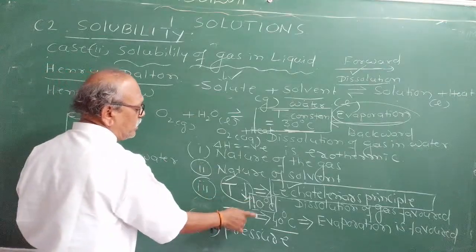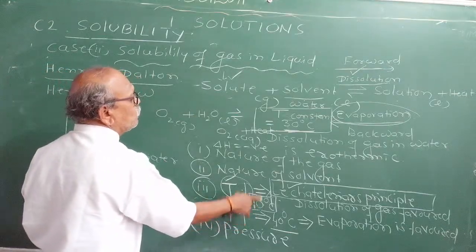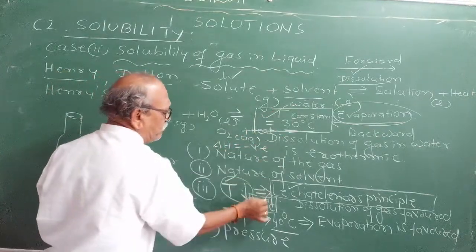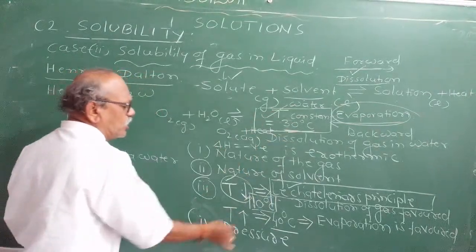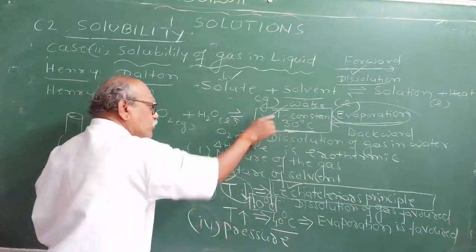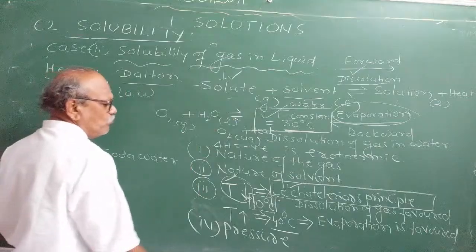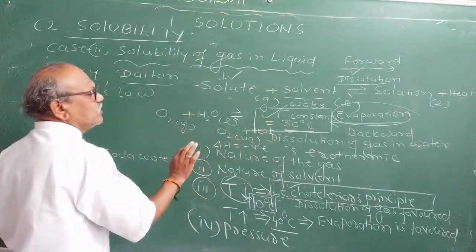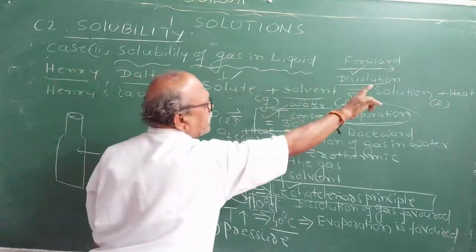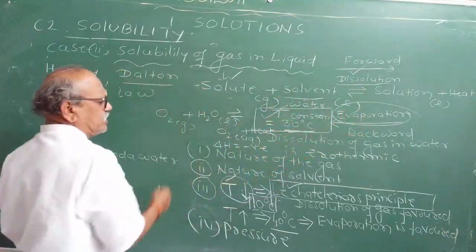what should happen? The temperature should be raised from 10 degrees centigrade to 30 degrees centigrade. The equilibrium system will try to attain the equilibrium back, so the temperature should be increased. The only way for the equilibrium system is either the forward direction or the backward direction.